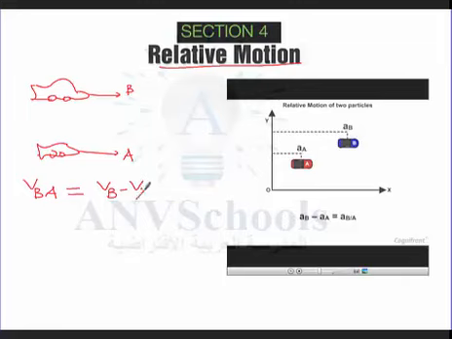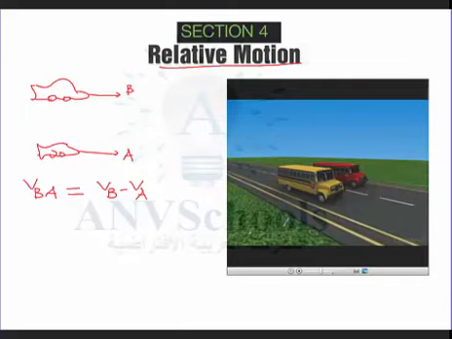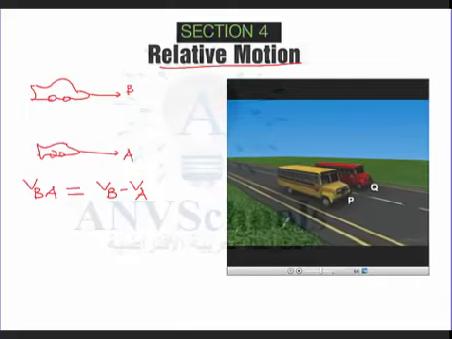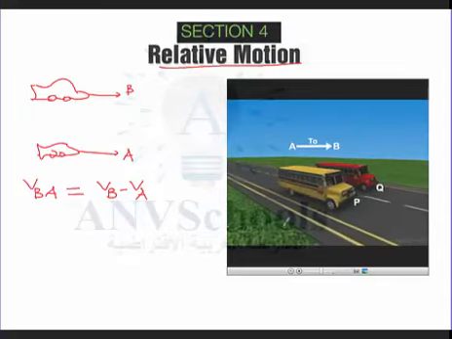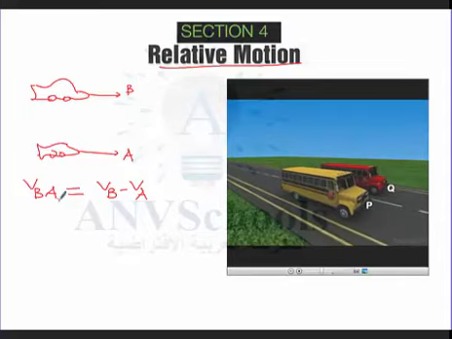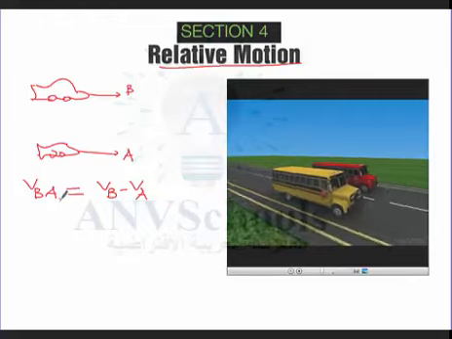The same thing happens also for acceleration. As you can see here, the acceleration of B as observed by an observer in car A is given by acceleration of B minus acceleration of A. So the velocity of B as observed by an observer in car A is given by the difference between their velocities.